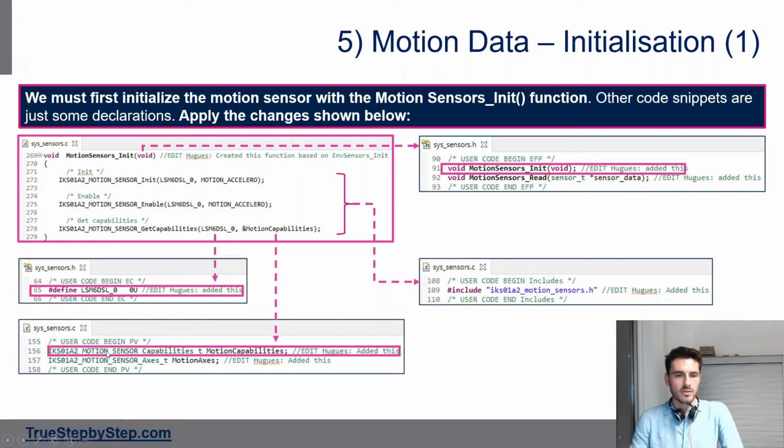Then motion capabilities has to be enabled. You of course have to declare the function, and also we will need a .h file, the motion sensors, which is one of the BSP files that was added by the X-CUBE-MEMS package that we used in the previous hands-on, hands-on 2.1. So let's do it.